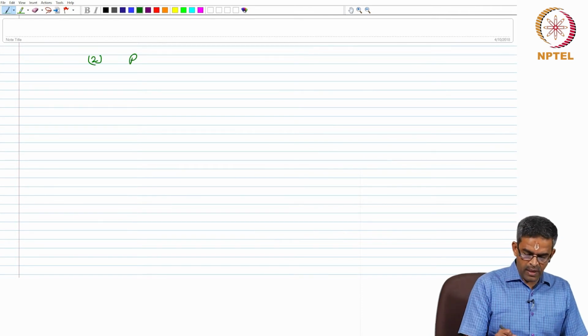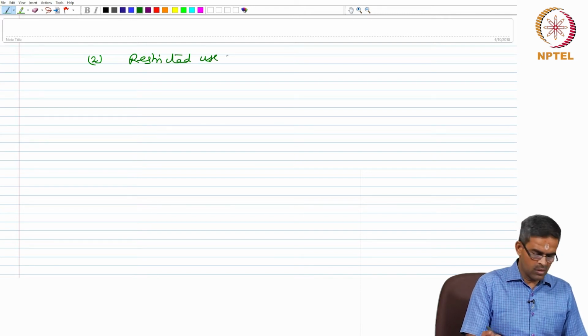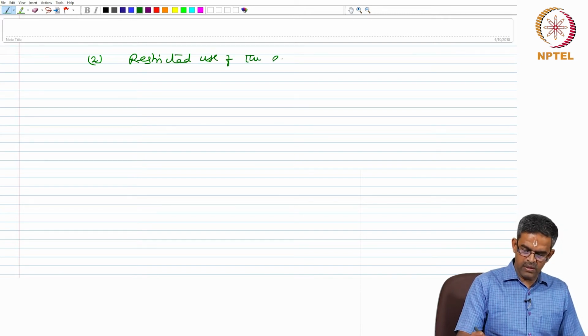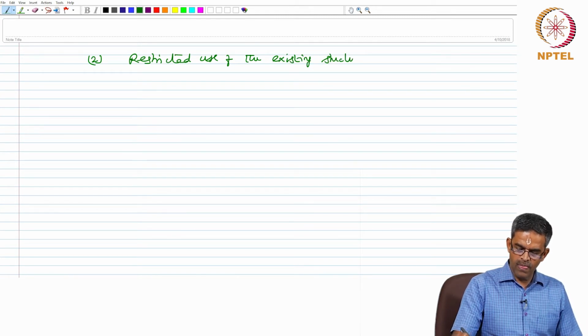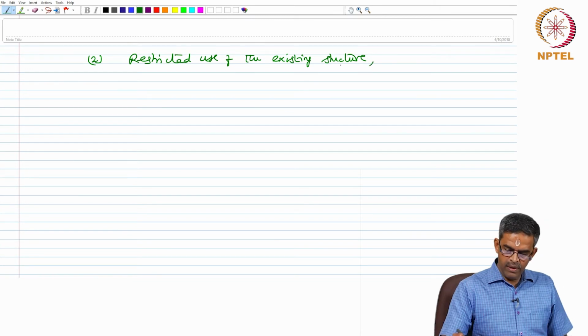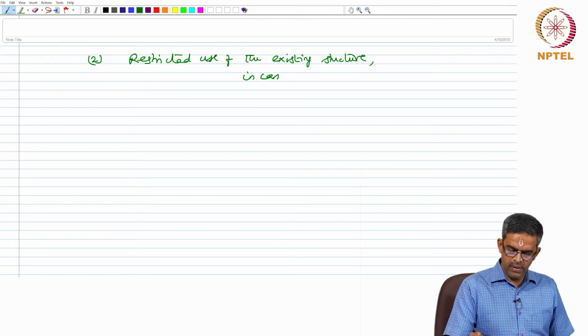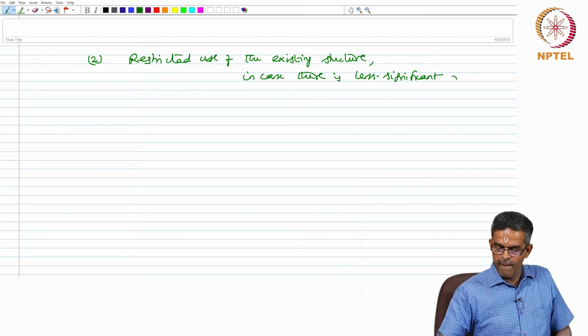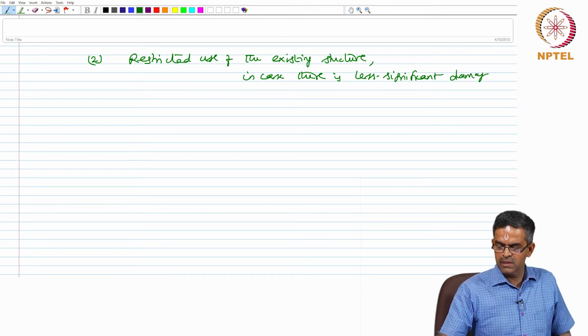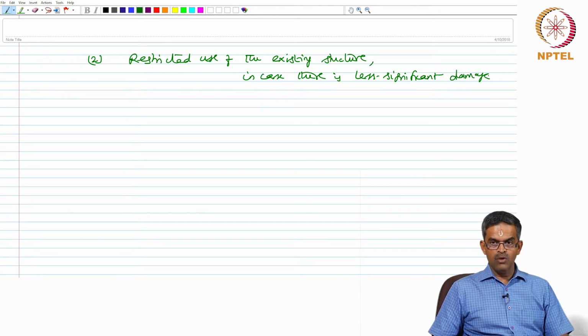Alternatively, it can also recommend restricted use of the existing structure in case there is less significant damage. They may not abandon the structure, but they may restrict the use of the structure.